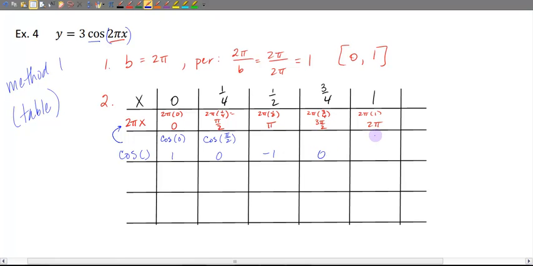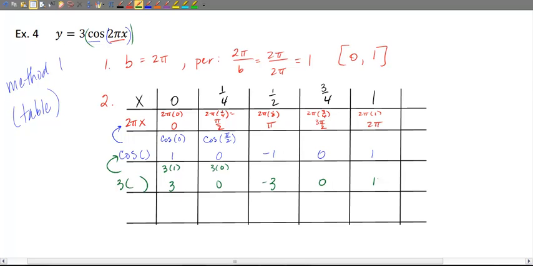And the cosine of 2 pi is 1. Finally, we're going to take 3 times whatever I just found in the previous row. So this becomes 3 times 1, which is 3. 3 times 0, which is 0. -3, 0, 3.